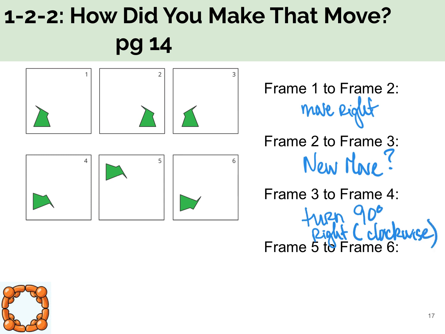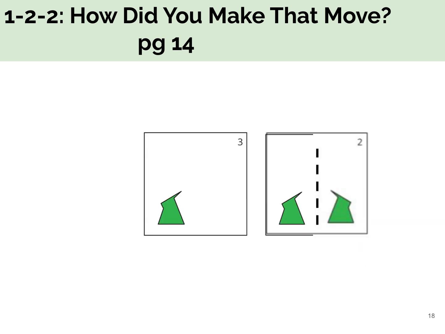Okay, and then now we're going from 5 to 6. 5 to 6, it is also considered a new move. Okay, and we're going to kind of figure out what that new move is going to be. So if we look at this new move, and I kind of put this in backwards, but this is 2 to 3.